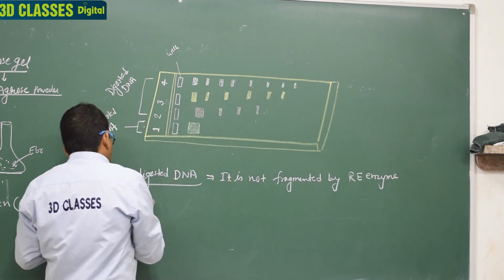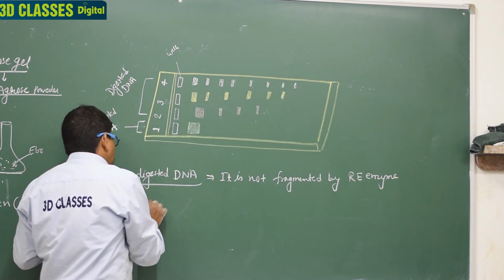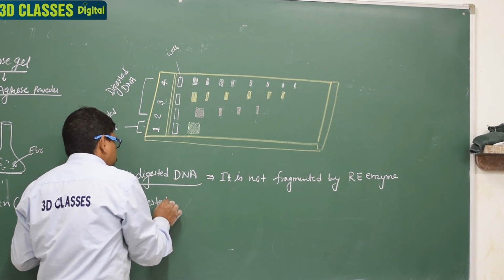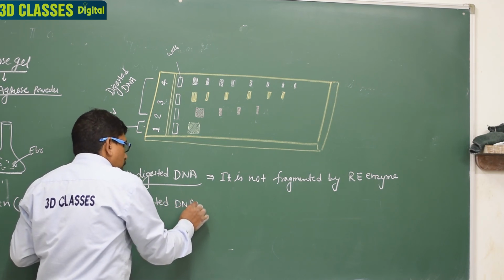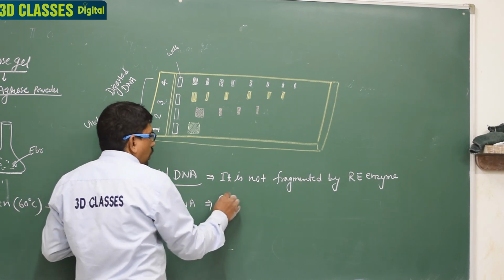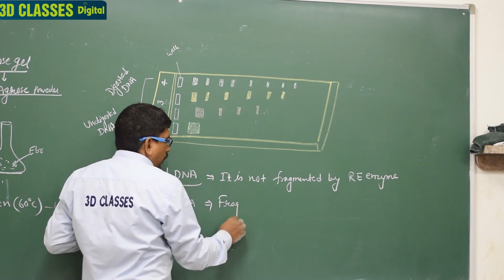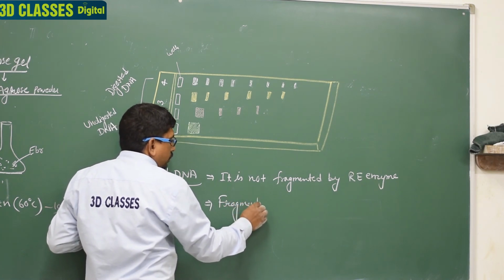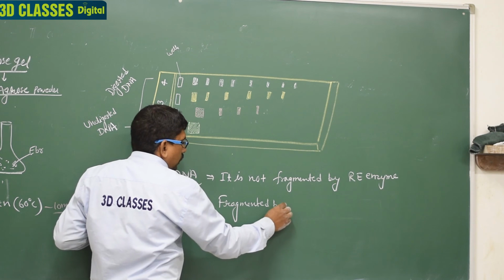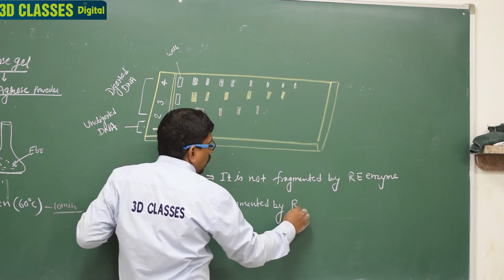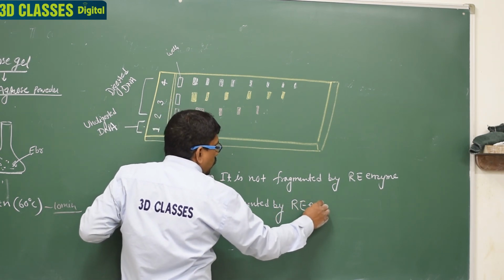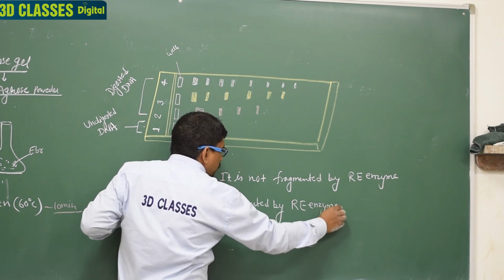Clear? Second is digested DNA, fragmented by RE enzyme. So what will happen?